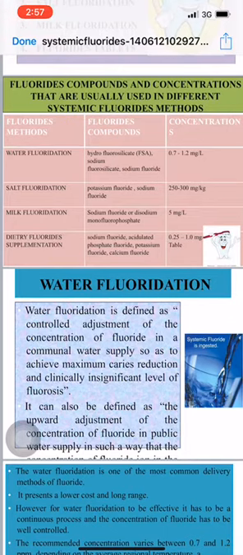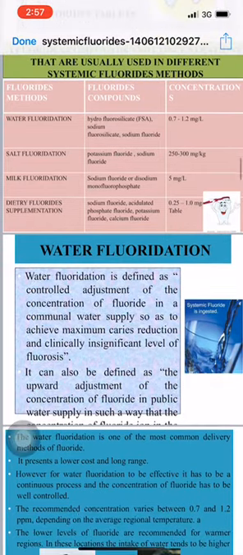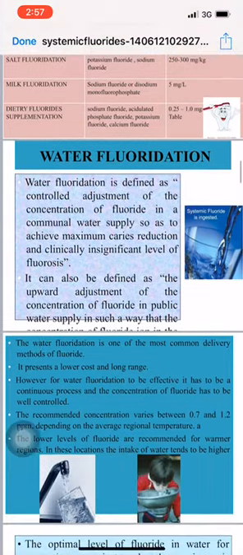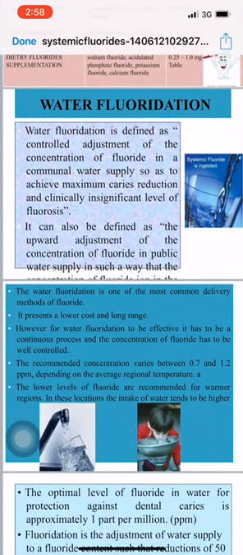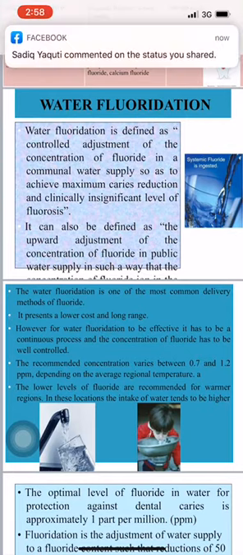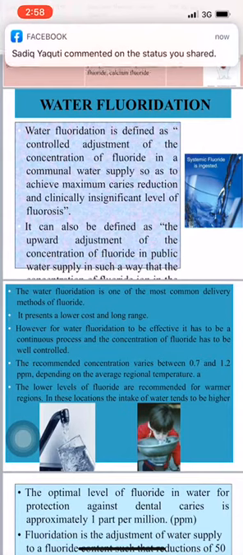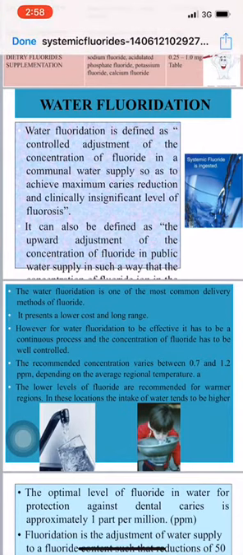It can also be defined as the upward adjustment of the concentration of fluoride in the public water supply in such a way that the fluoride becomes concentrated in the hydroxyfluoroapatite in enamel and dentin. Water fluoridation is one of the most common dietary methods of fluoride. It is available at a lower cost and long range.